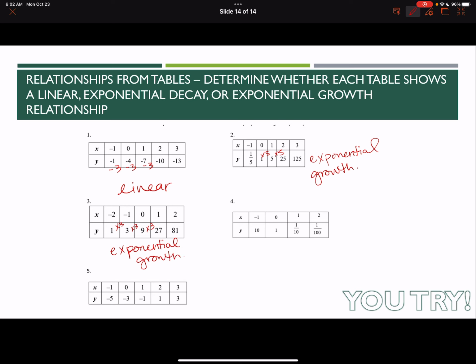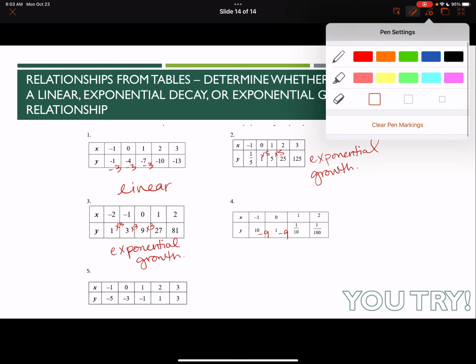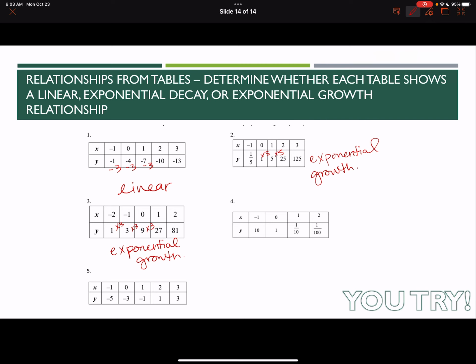And then number 4, this might be a little tricky, but I would start by saying, oh, how can I get from 10 to 1? From 10 to 1, I could subtract 9. But subtracting 9 would give me -8, not 1/10, right? So let's use multiplication or division. I'd have to divide by 10 to get 1. Divide by 10, 1 over 10. There we go.